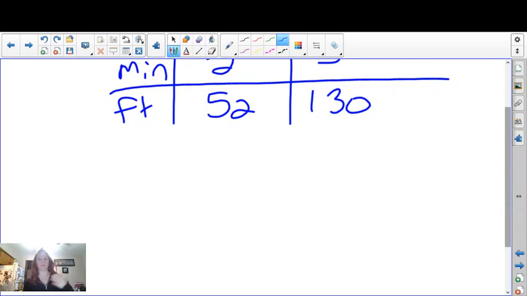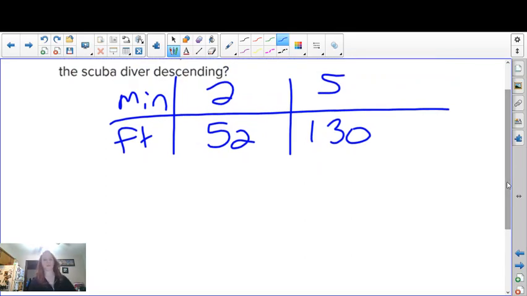And let's think about that. When we're doing something at a constant rate, we always have time on the bottom. So I'm going to take my feet per minute.